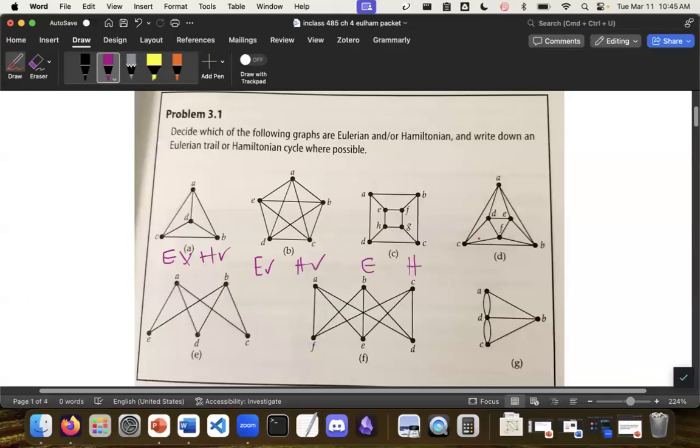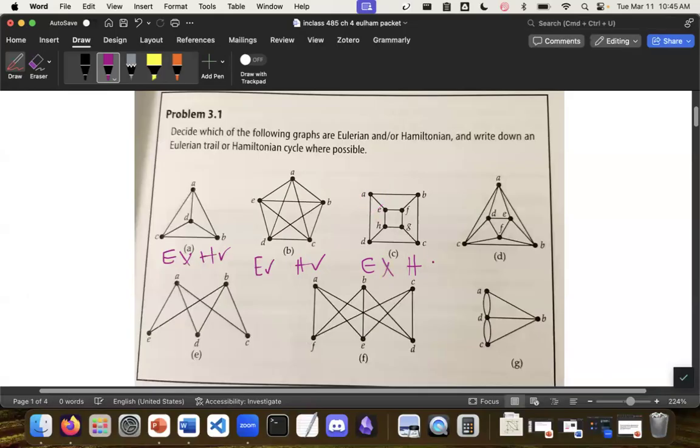What about C? Eulerian? Thumbs down? Why not? We've got this, it's a 3-regular graph, right? So we've got to have a way to get back. So not Eulerian.